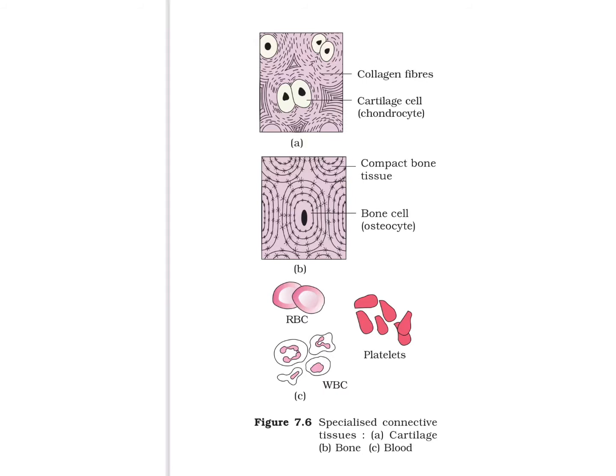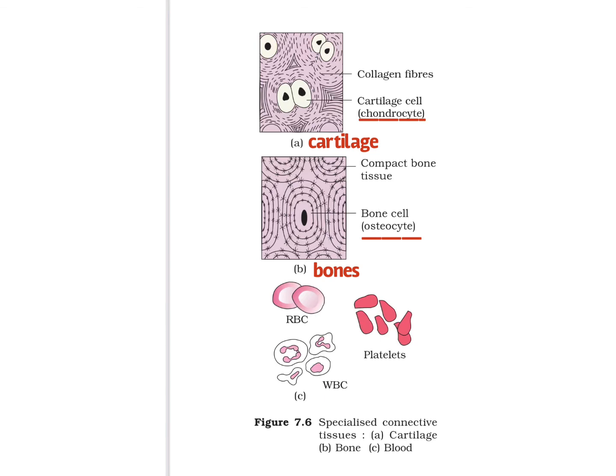So now with the help of diagrams I will show you the different specialized connective tissues. First we will talk about cartilage. So diagram A is of cartilage. Here you can see these collagen fibers and the cartilage cells which are known as chondrocytes. Then diagram B is concerned with bone. They have compact bone tissue, and these bone cells are known as osteocytes, and here only the calcium salt deposits are present.